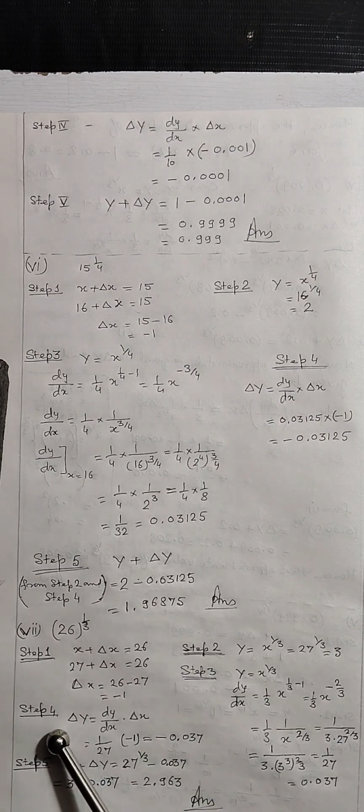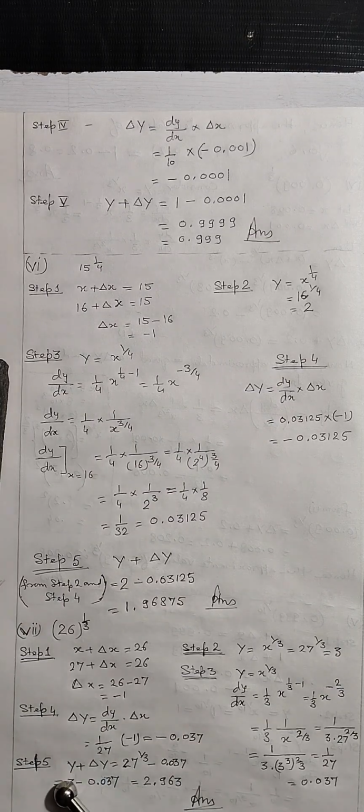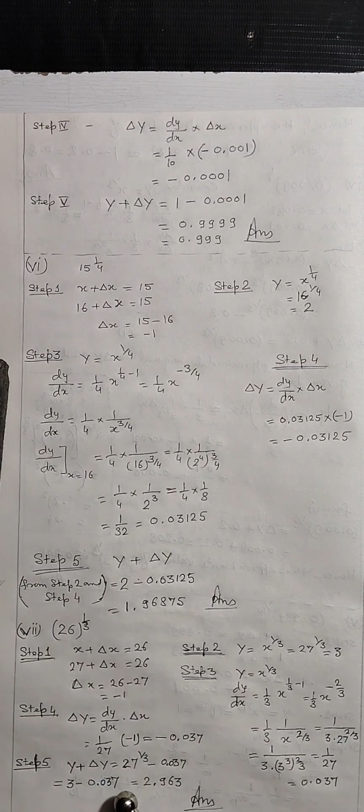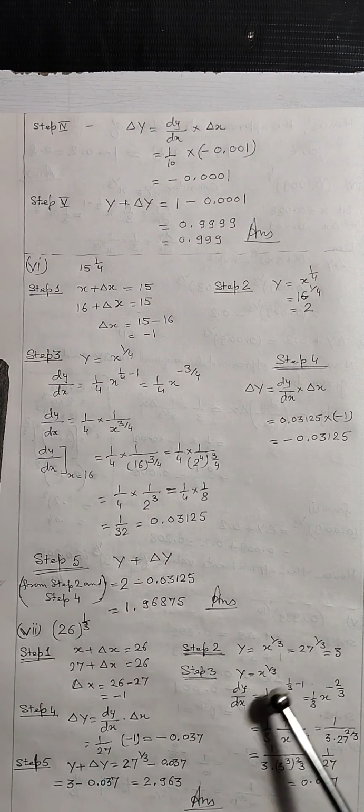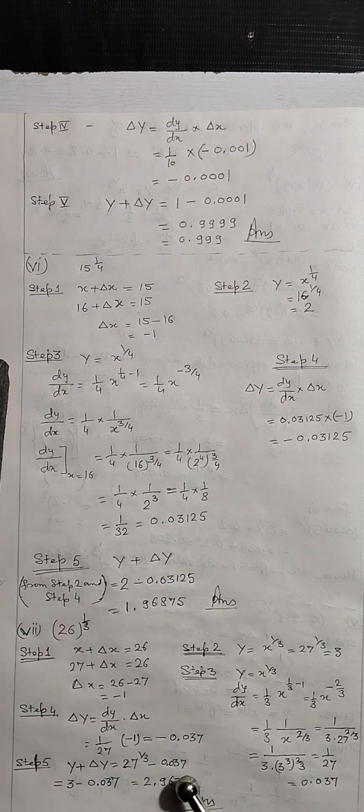From step 4 we have got delta y. Now step 5, that is y plus delta y. Y plus delta y will be equal to 27 raised to power 1 by 3 minus 0.037.